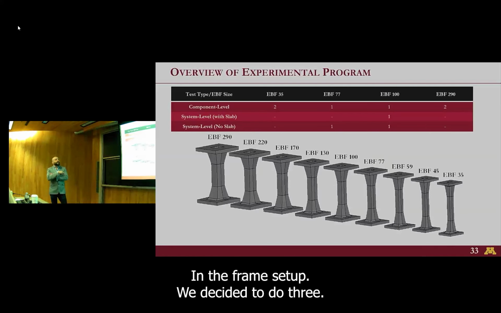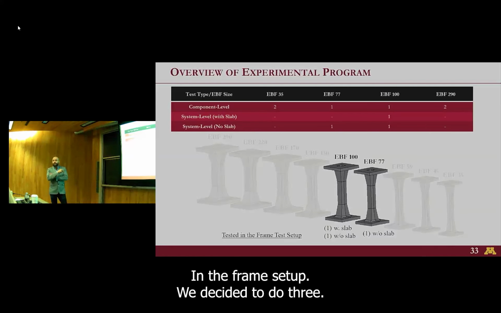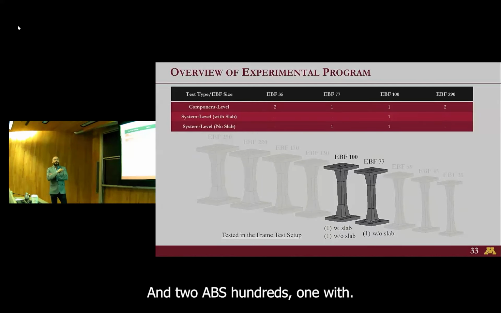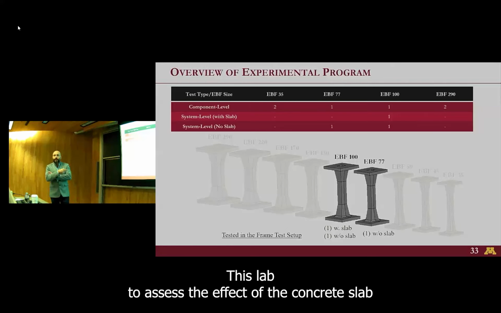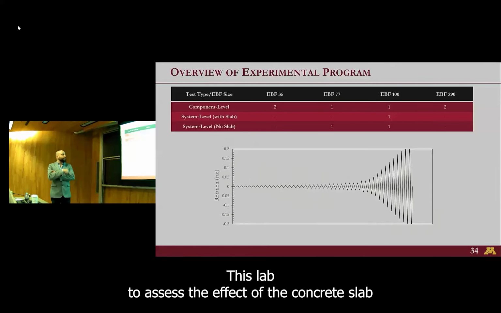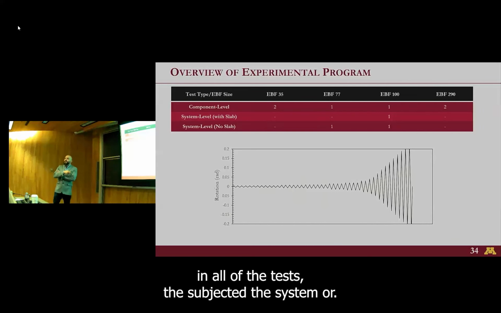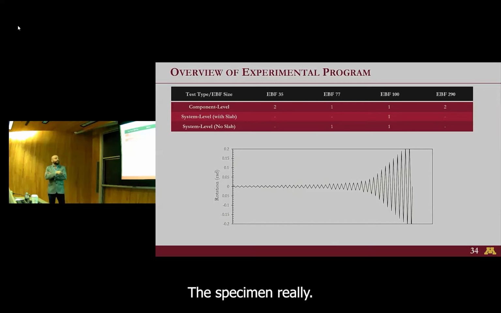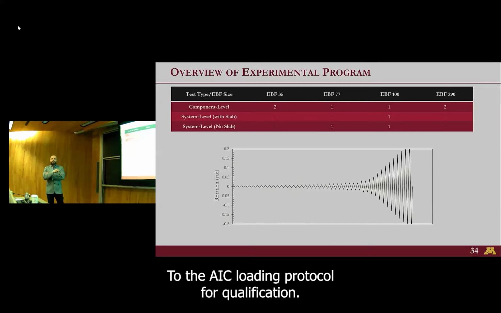In the frame setup, we decided to do 3. 1 EBF 77 without slab, and 2 EBF 100s, 1 with the slab, 1 without the slab, to assess the effect of the concrete slab. In all of the tests, we subjected the system, or the specimen really, to the AISC loading protocol for qualification of yielding links.